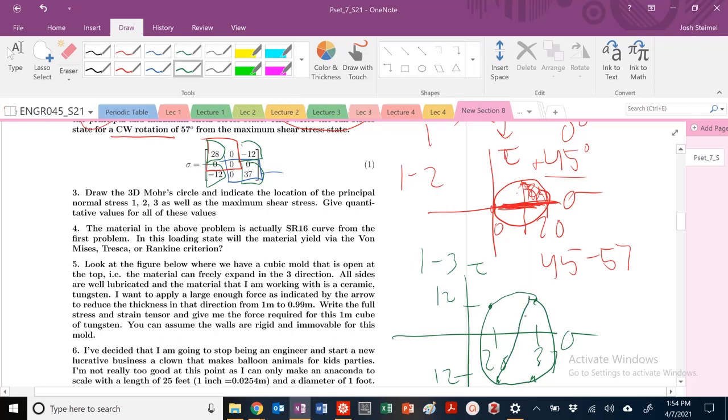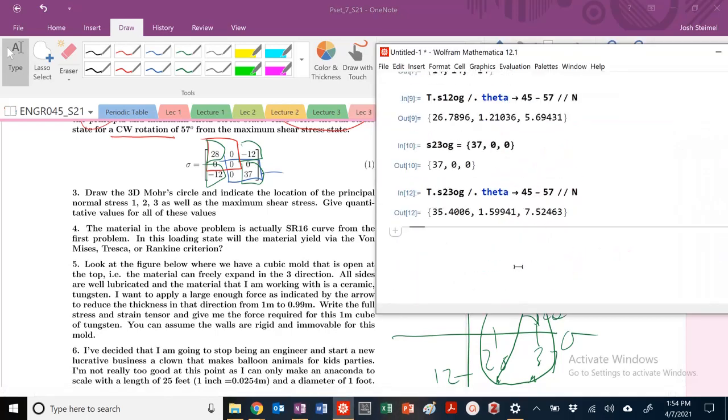I know that I have to go through a rotation of 2 theta to get to my principal stress state, because I'm not in my principal stress state. If I look at S13 OG, it equals 28, 37, minus 12. So if I'm starting from this point here and want to rotate to get to the principal stress state, I need to figure out that value.